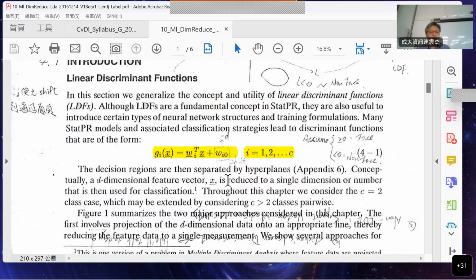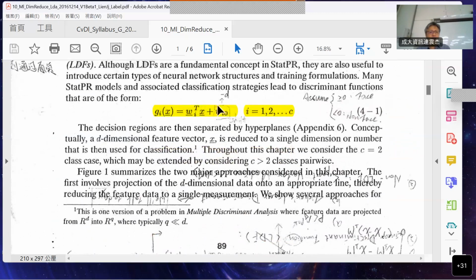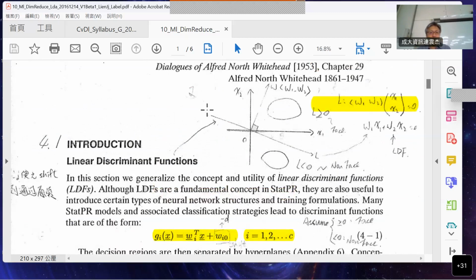So the equation is W1 x1 plus W2 x2 plus the constant term. What's the physical meaning of the constant term? It is translation. 位移嘛，constant 是位移，就这条线的位移。That line translation is along the normal direction W.